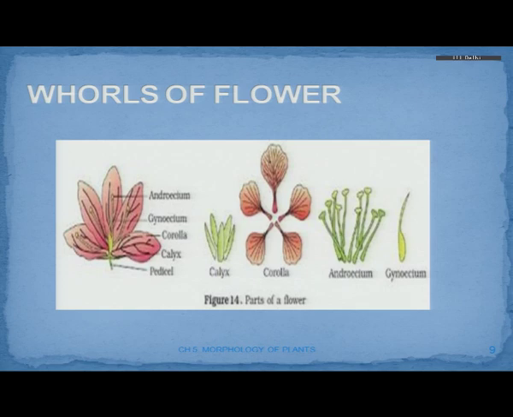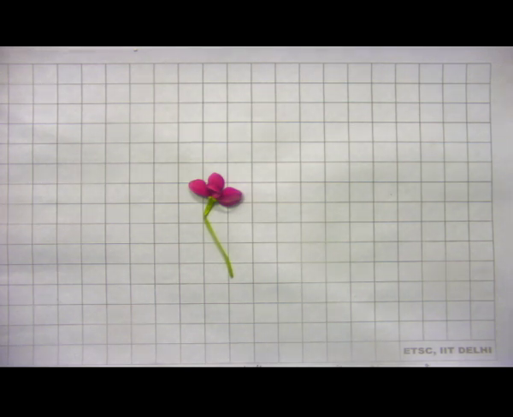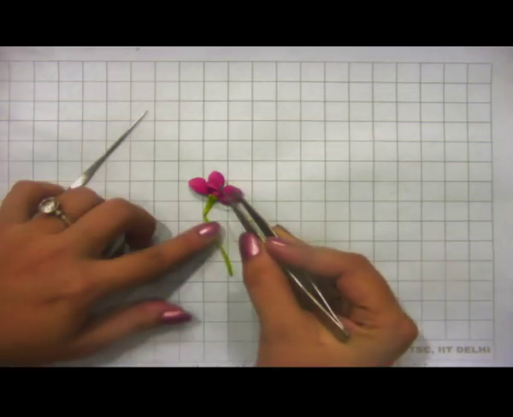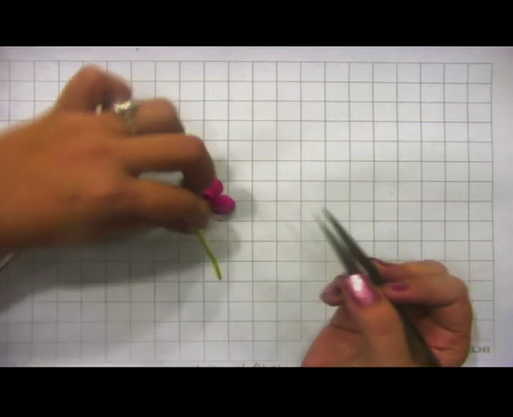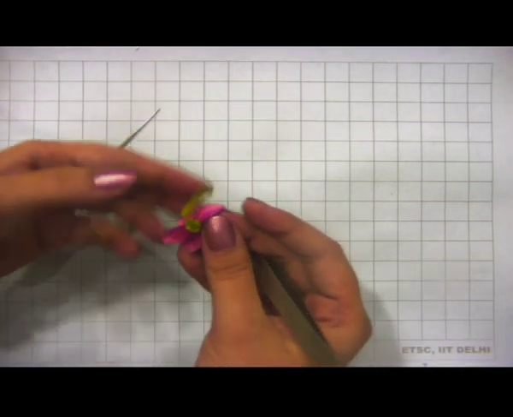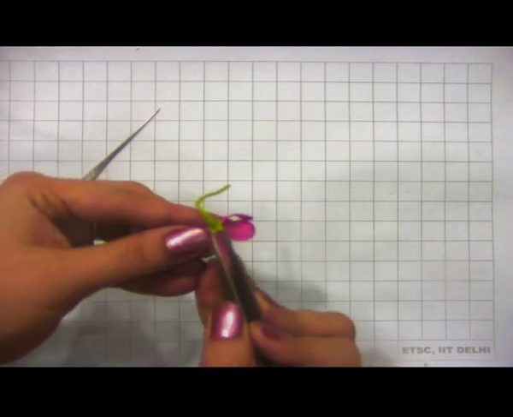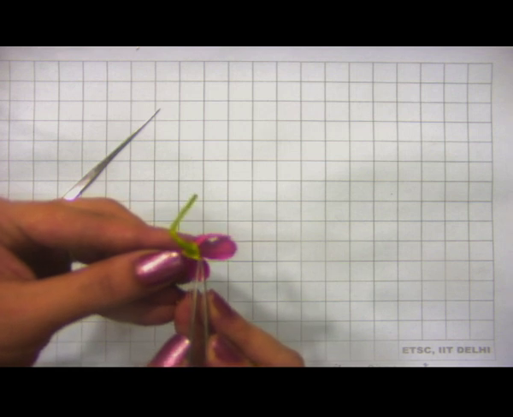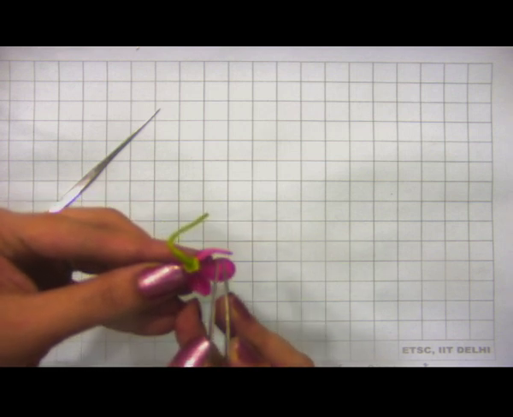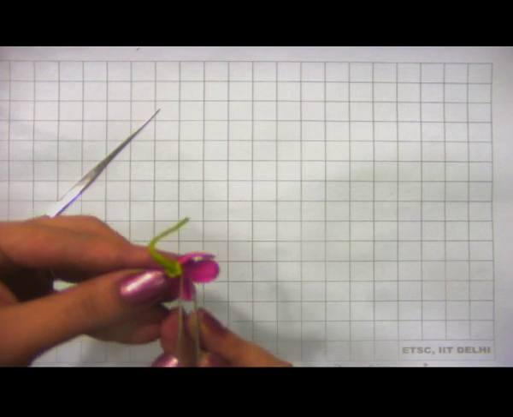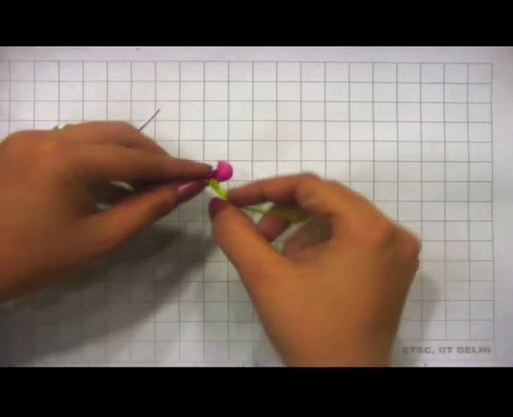So, this is a typical angiospermic flower which I have brought here, and you can see at the base of this flower, these are the sepals, the green structures which are protective in nature.